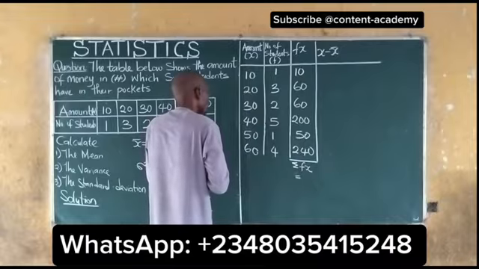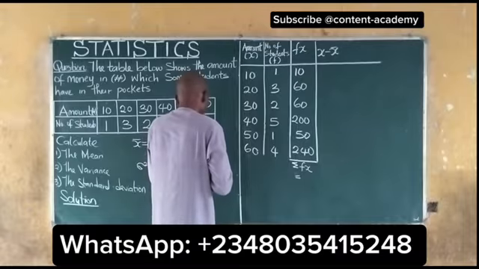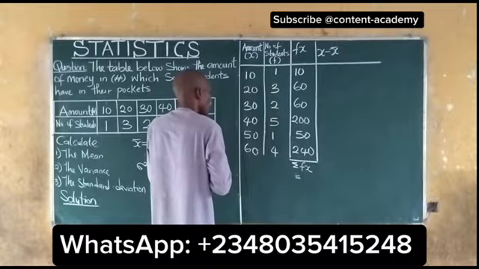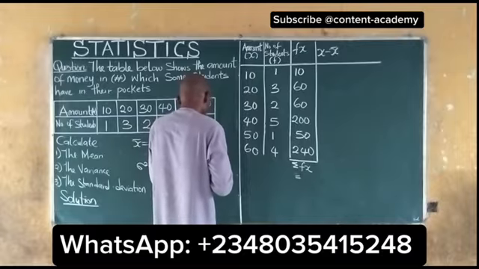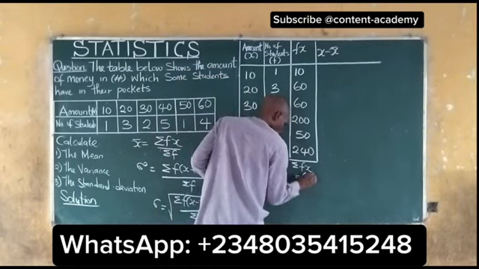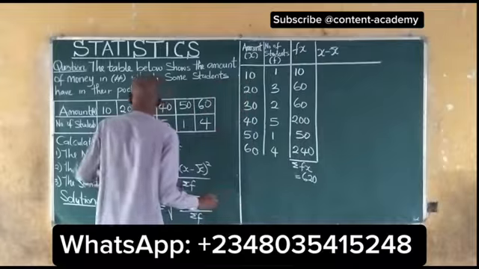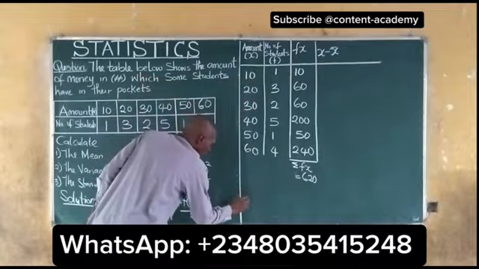We have 10 plus 60 plus 60 plus 200 plus 50 plus 240, which is 620. Now, for x minus x bar, first we have to calculate the mean. Let's write it out here.